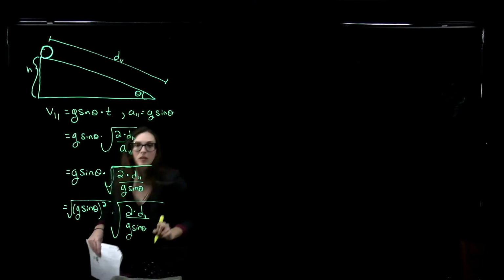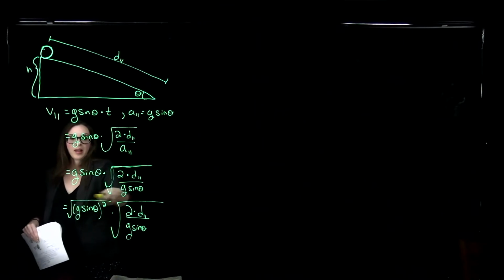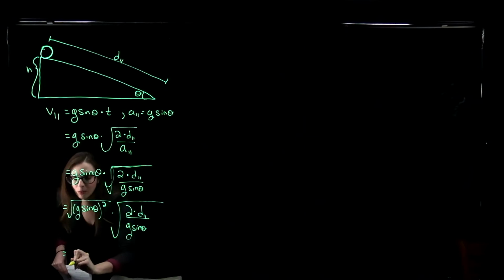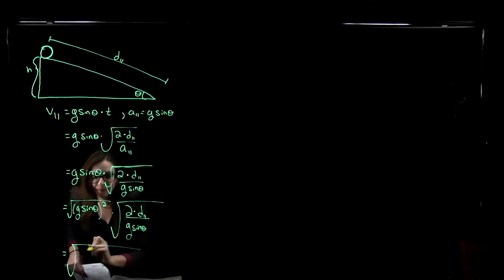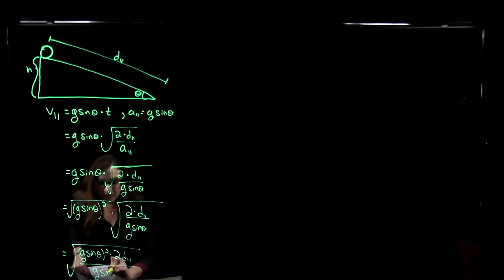Then I can put this number that's square rooted inside this equation. So this is equal to the square root of g sine theta squared times 2 d parallel, all divided by g sine theta.